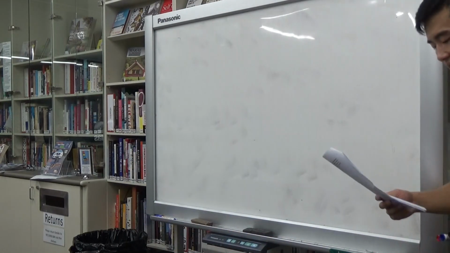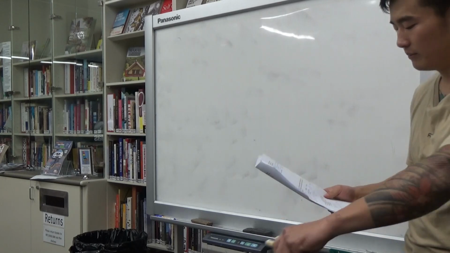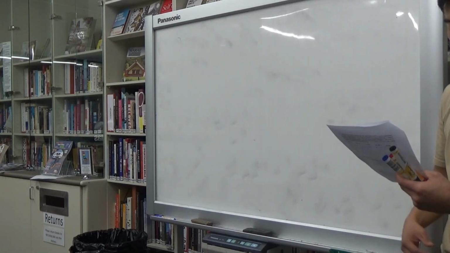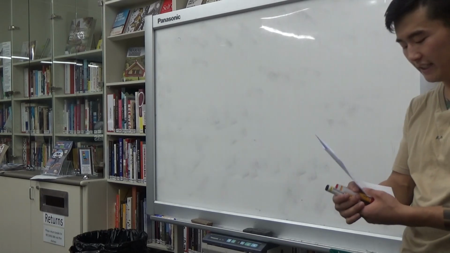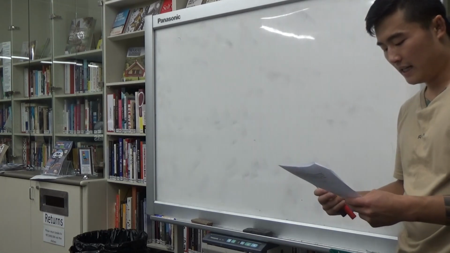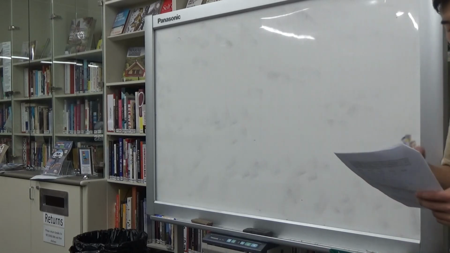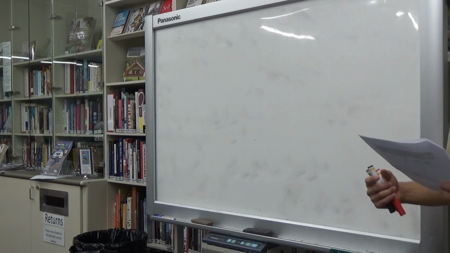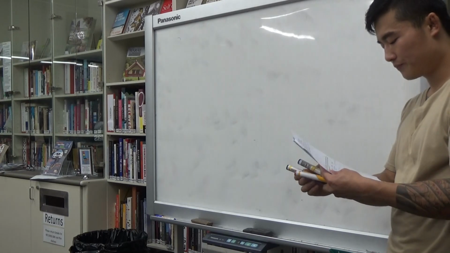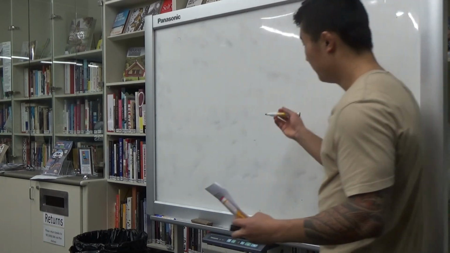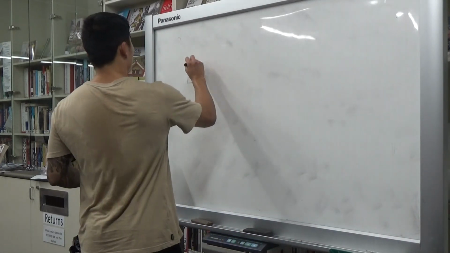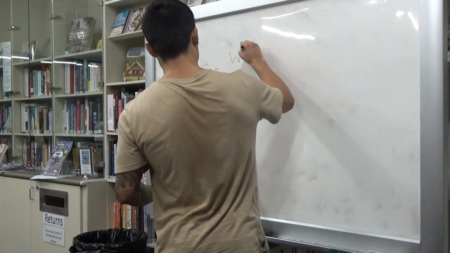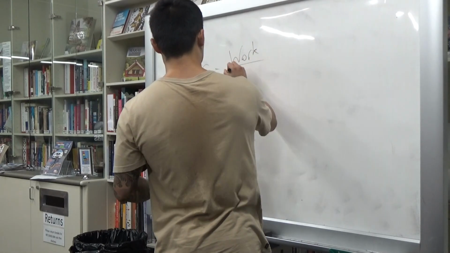Number 8, in a particular 24-hour period, a migratory bird does 0.3 megajoules of work and it loses 2.7 megajoules of heat to the environment. Assuming that the bird remains at a constant temperature, with what average efficiency did the bird do work? So we're looking for the efficiency here. Efficiency is equal to work divided by the total.